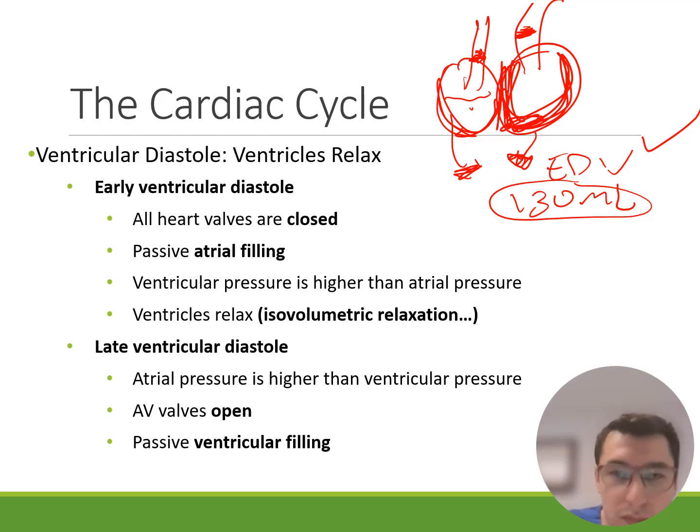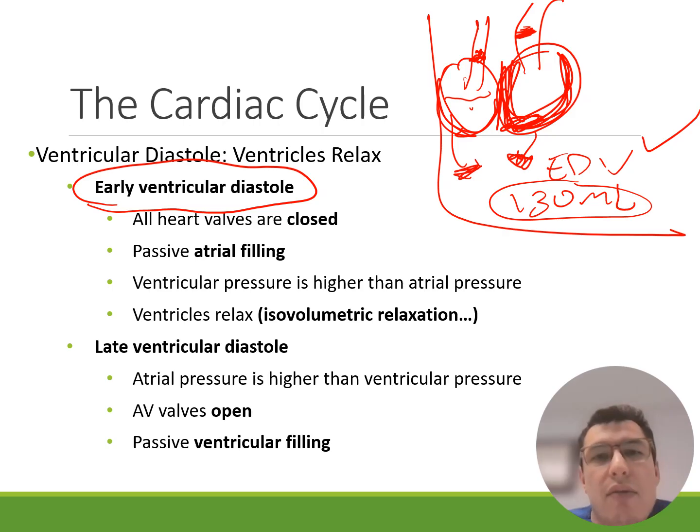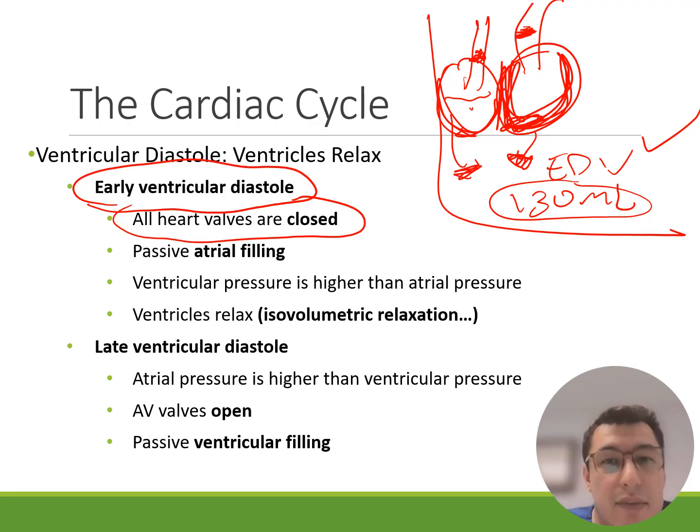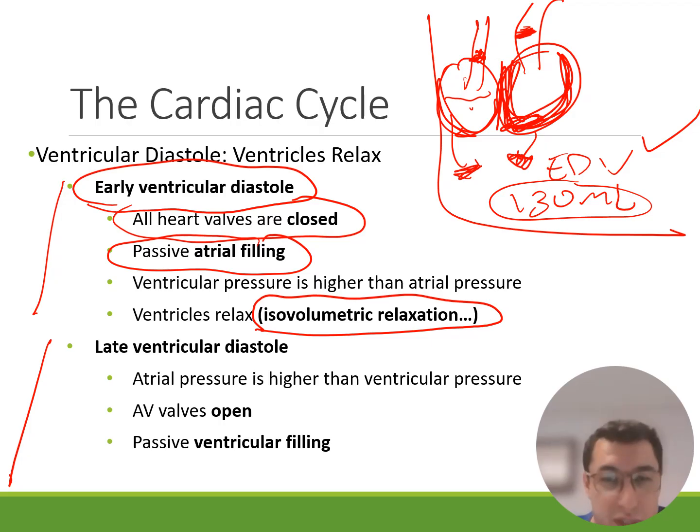All right. So, leaving that aside, we start ventricular diastole with the relaxation of the valves. All the valves are closed within this phase. Remember that ventricular diastole is divided into the early phase and the late phase. Here we have isovolumetric relaxation, where our ventricles start to expand without an actual increase in blood volume, and during this time the atria are filling.